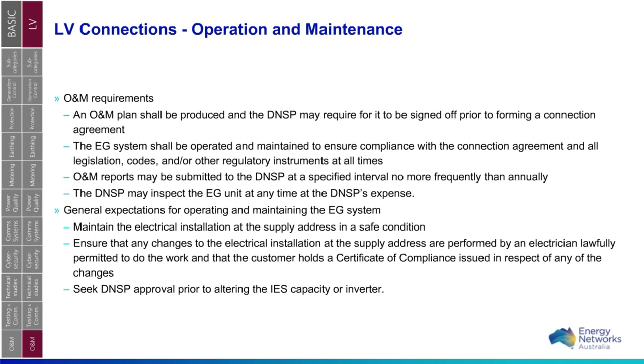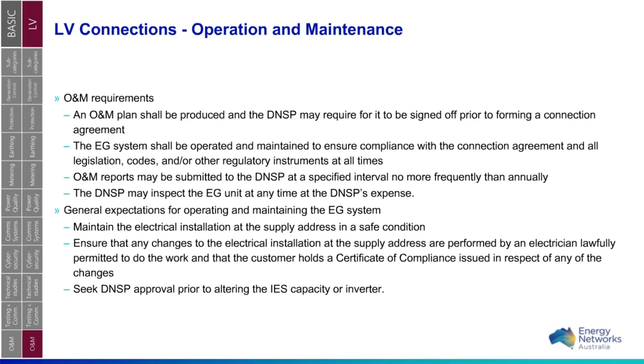Okay, so for operations and maintenance, the guidelines aim to drive that O&M plans be produced, and the DNSP may require that it be signed off prior to the connection agreement going ahead. It recommends that the system should be operated and maintained to make sure that it complies with the connection agreement, as well as all the legislation, codes and standards.